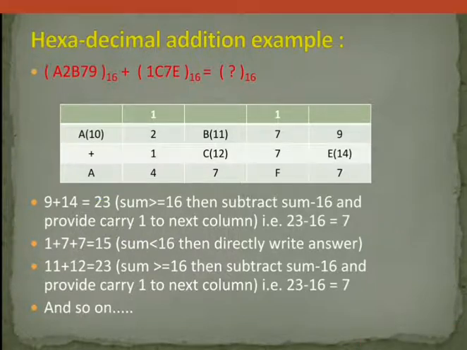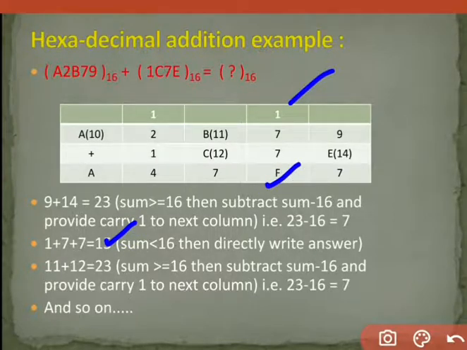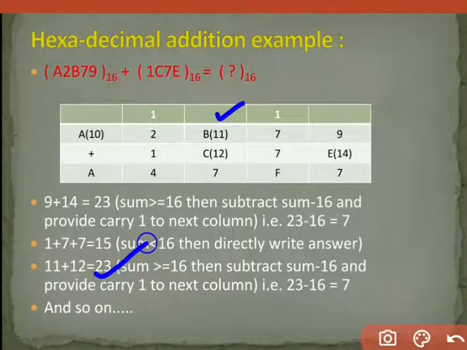Then what will happen? See, we are adding 1 plus 7 plus 7. What we are getting is 15. 15 is less than 16. That's why I am writing directly F. And then what happened? We have to add 11 with 12. 11 with 12 is 23. And again it is greater than 16.